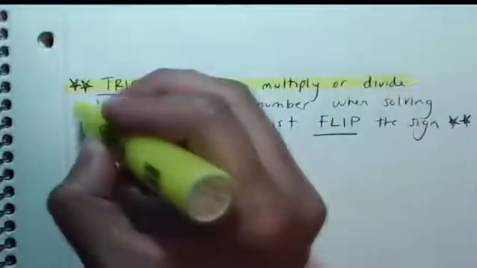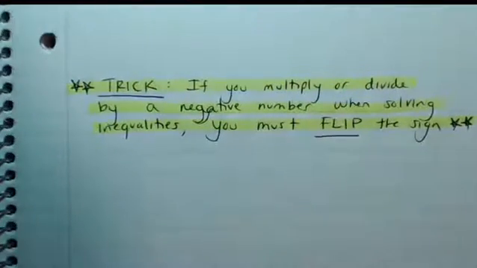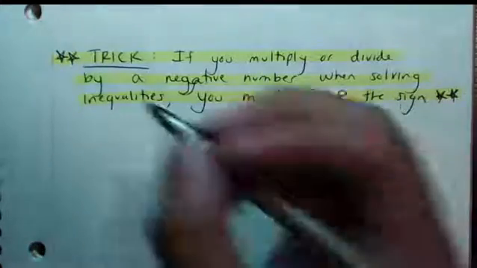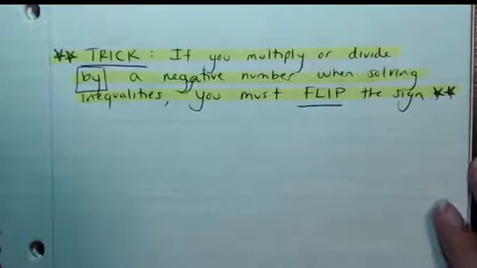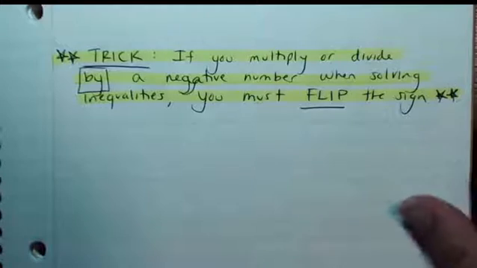This is the only thing that's different, is if you multiply or divide by a negative number, you must flip the sign. And I also want you to put a box around "by," because we're going to look at some examples where you might be questioning if you flip it or not.